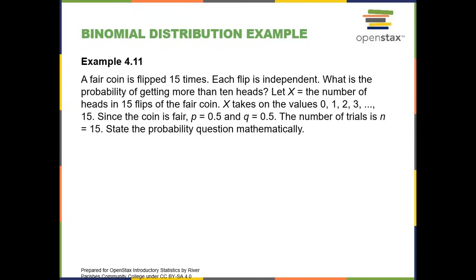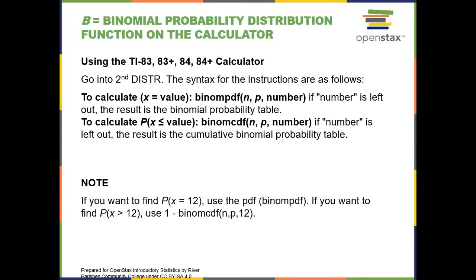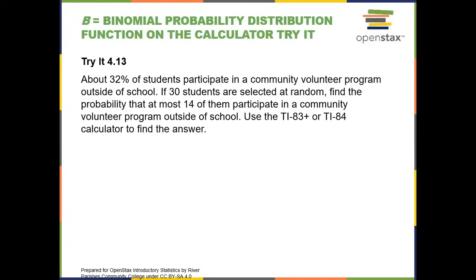So what is your complement event? 0 to 10. So from 1, which is the sum of the probabilities, you would remove the sum of the probabilities of the complement event, which is from 0 to 10. When you are finding the probability of 0 to 10, you are adding all these probabilities, so you are going to use the binomial CDF function. So this problem will be done.